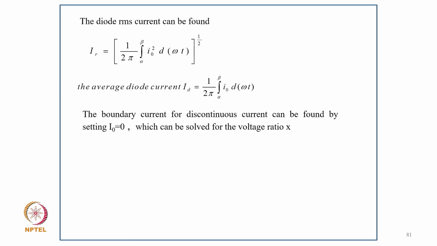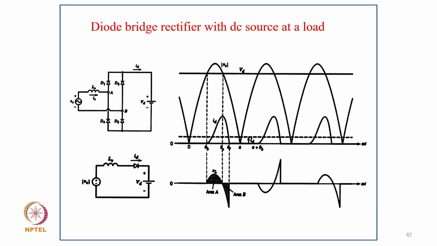The diode RMS current can be calculated as IR equal to in bracket 1 upon 2 pi integral alpha to beta I0 square d omega t, to power half, and the average diode current ID equal to 1 upon 2 pi integral alpha to beta I0 d omega t. The boundary condition for discontinuous current can be found by setting I0, which can be solved for the voltage ratio x.